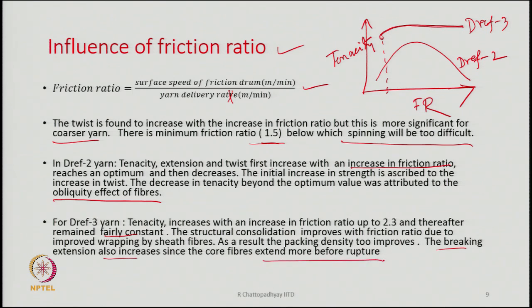See, generally whatever we do, most of the time you will find that if I change any process parameter and if due to that tenacity increases, extension also will increase, for any yarn, whether you take any technology, any process parameter, that means it improves the tensile property in general.